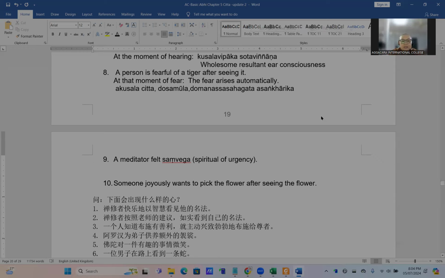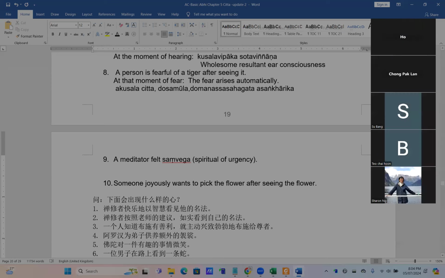Okay, next one. A meditator felt samvega. So at the moment of feeling samvega, what kind of chitta is it? Sister Chong Pak Lan, can you try this one? Also no sound.